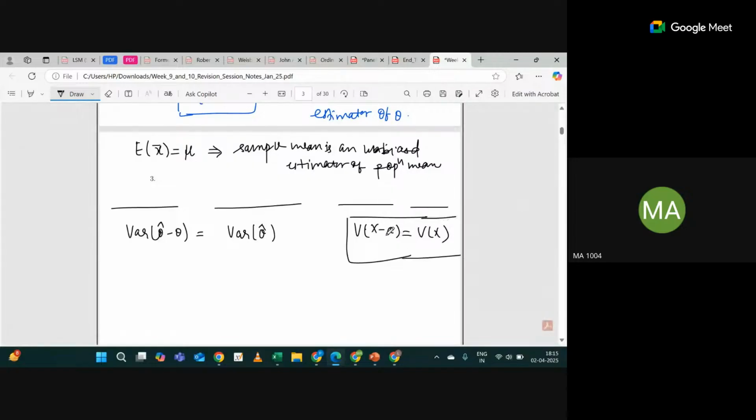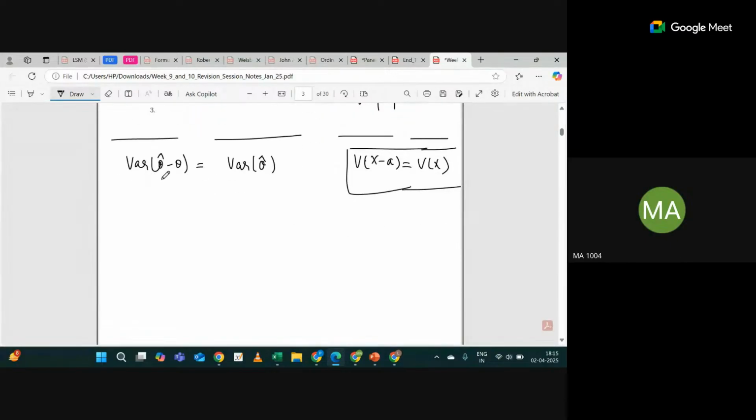Adding or subtracting a constant doesn't impact the variability. So the variance of theta hat minus theta is always the same as the variance of theta hat. Theta hat is the estimator. It can be x bar, it can be x1 minus 2, x2 divided by 2, anything that is just a function of the samples.